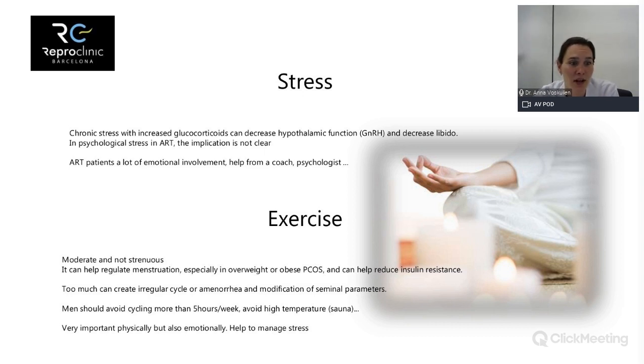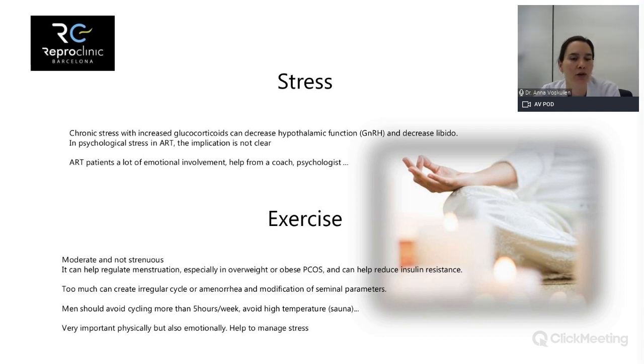And exercise, I would say do a moderate exercise and not strenuous, because it can help regulate menstruation. So it's good to be active, especially in overweight or obese patients with polycystic ovarian syndrome, because in those patients, a little bit of exercise can also help to reduce insulin resistance, and also, of course, it can help with the BMI of the patient.